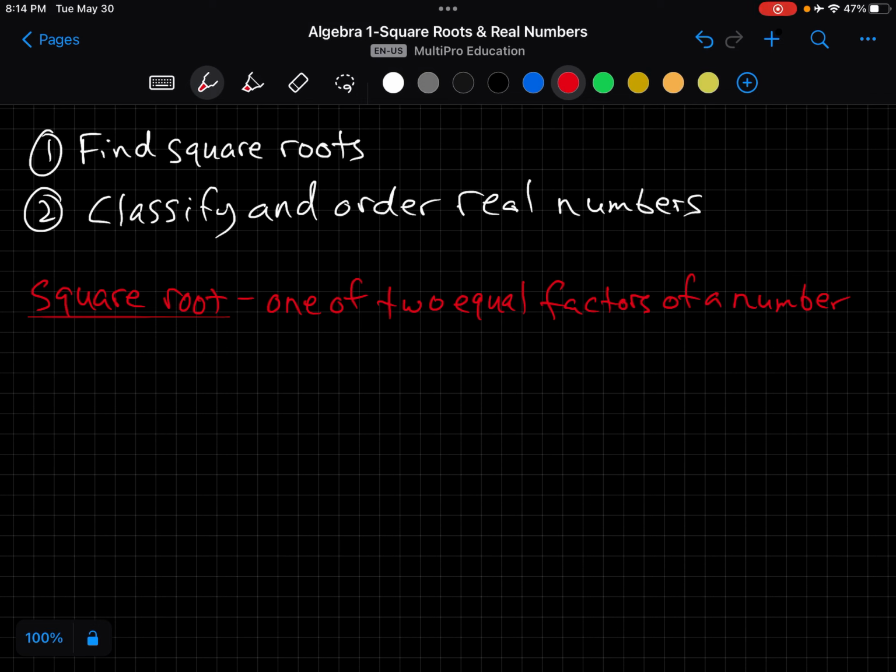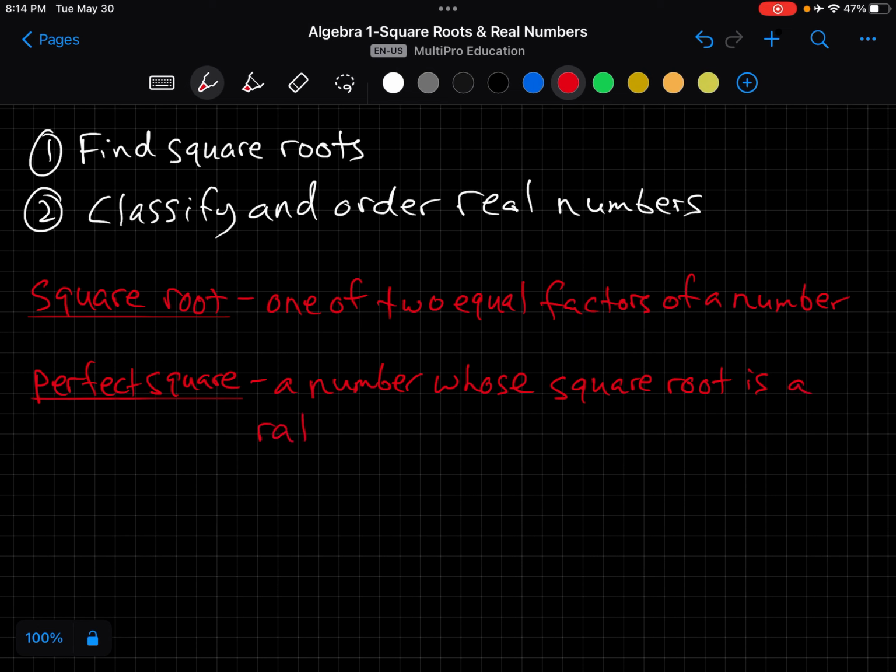But let's cover another definition here. Perfect square. So is that talking about a square that has sides all equal? Well, that's just a normal square. Let's see what this means. This is a number whose square root is a rational number.